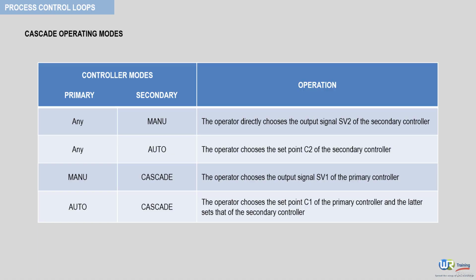When the primary controller is set on manual and the secondary on cascade, then the operator chooses the output signal of the primary controller. This is equivalent to the second case, where the primary is on auto or manual and the secondary on auto. And finally, when the primary is set on auto and the secondary on cascade, then the operator chooses the set point of the primary controller and the latter sets that of the secondary controller.